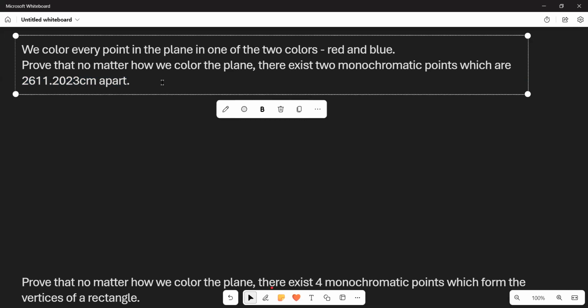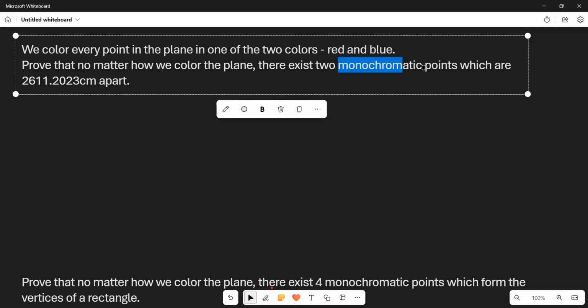No matter how you color the plane, I will always be able to find 2 points that are the same color, which are that far apart. That's today's date. Ma'am, what is a monochromatic point? Monochromatic just means points of the same color. Oh, okay. Thank you.